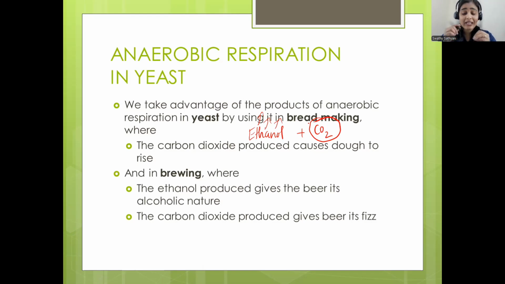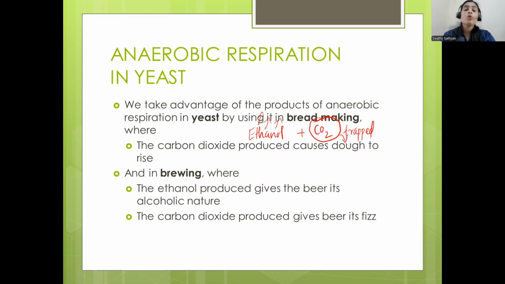That is why we can see certain holes, hollow spaces in the bread. When we cut the bread, we can see some small hollow spaces. That is because the carbon dioxide is trapped in the dough. That is why we can see the small holes or hollow spaces in the bread.